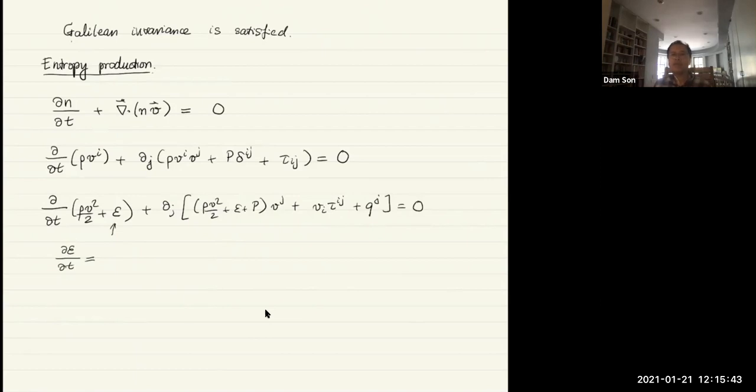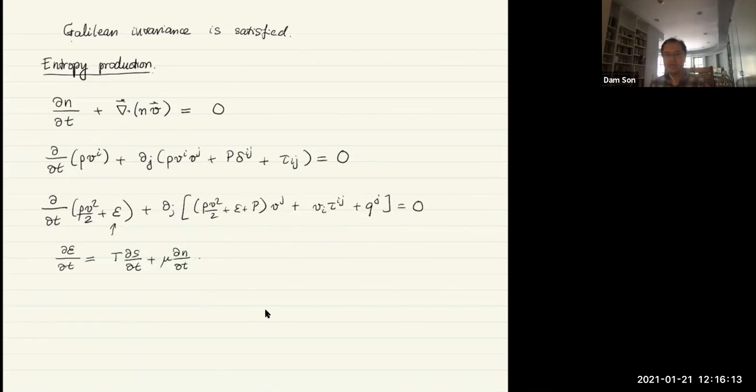Remember this epsilon is the internal energy of the system, the thermal energy that is not related to bulk fluid motion. We can write d epsilon over dt using the first law of thermodynamics: dE is TdS plus mu dN.